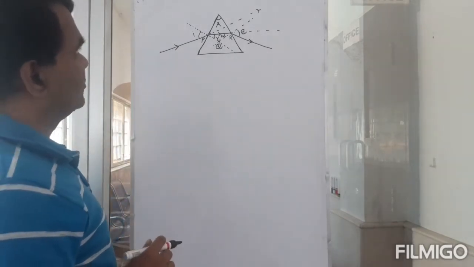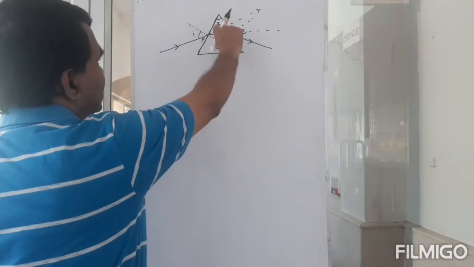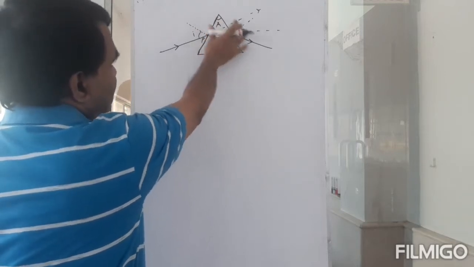So this is the setup now. Again, I have A and then P, Q, R. These are the important points on the prism.